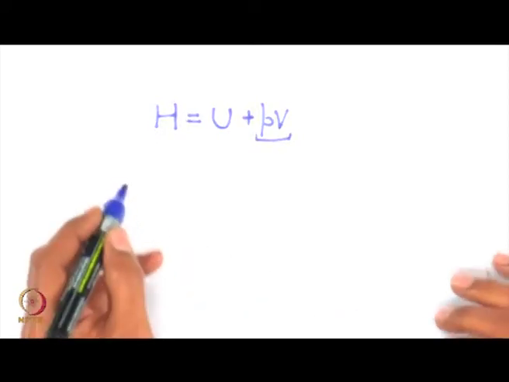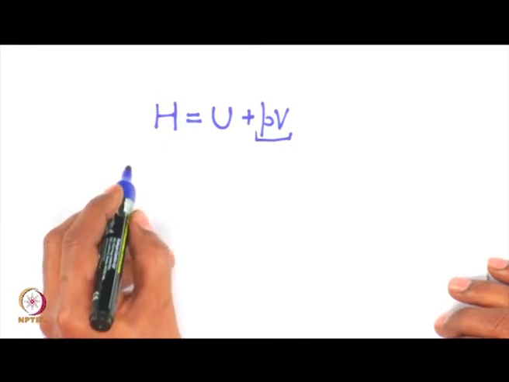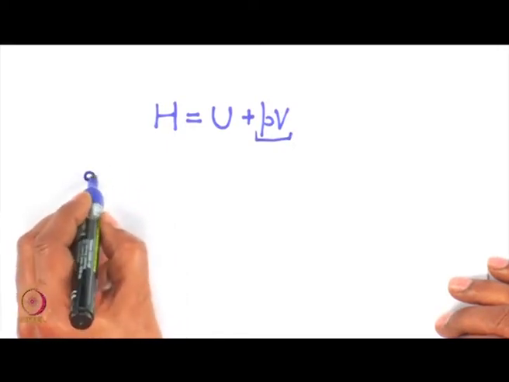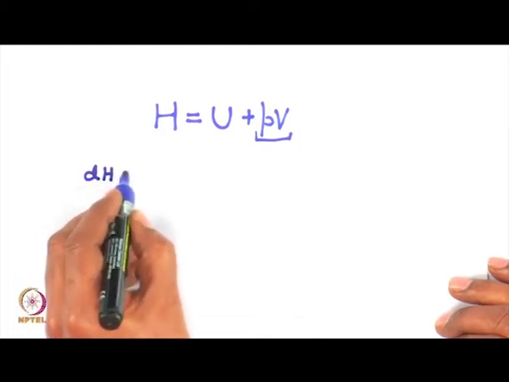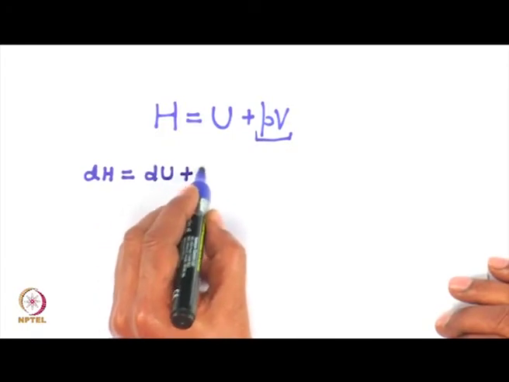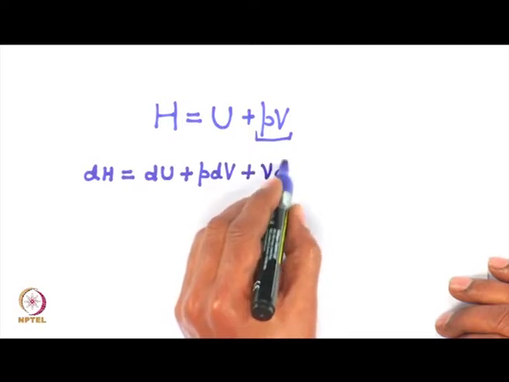All right. Now, let us say there is some advancement of the process. The change dH is going to be equal to dU plus PdV plus VdP.